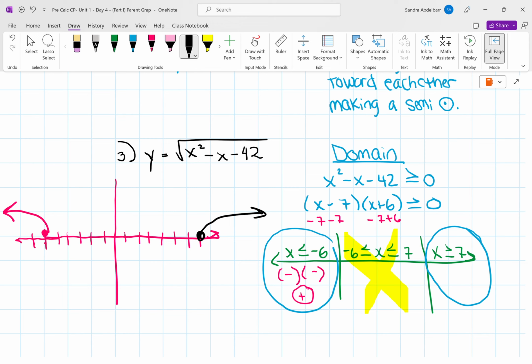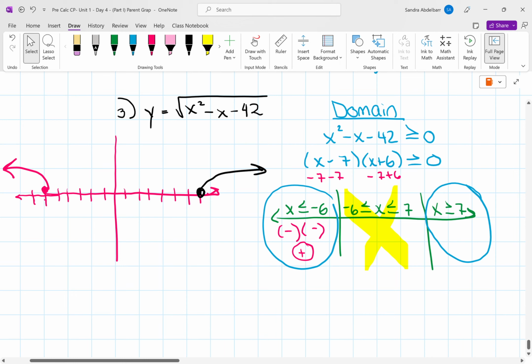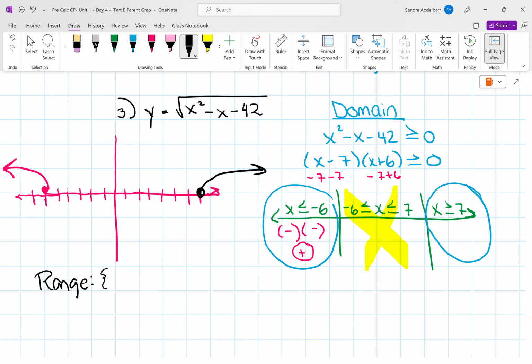What did we not talk about? We didn't talk about the range here. Let's talk about the range. What is the range? Y is greater than or equal to 0.